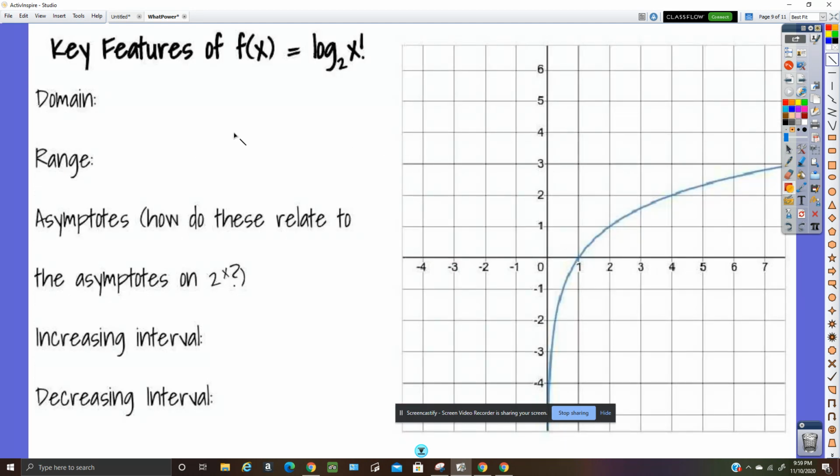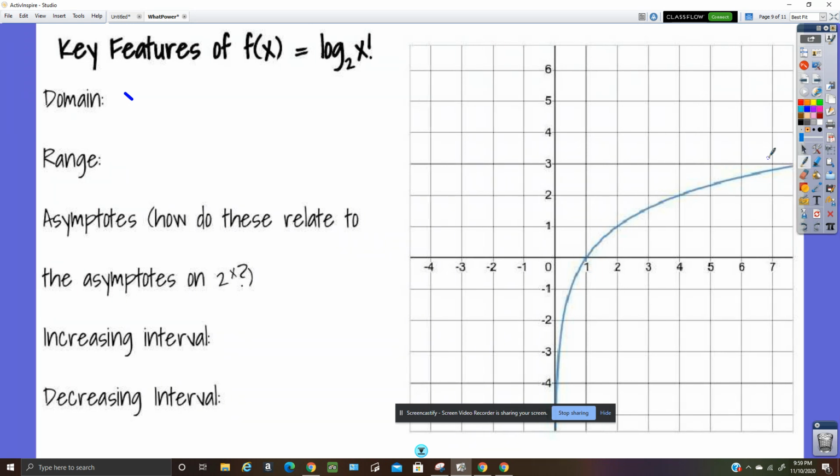And then the features of the log base 2 of x. The domain, get off the straight edge tool here. So it would be x greater than 0, or 0 to infinity.